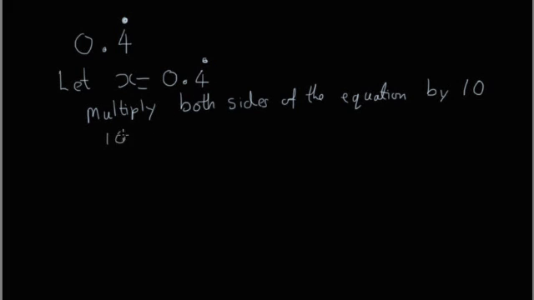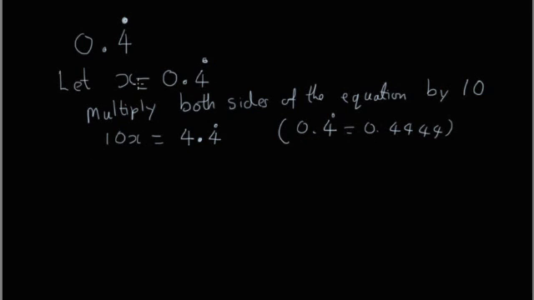So we'll have 10x, and 0.4 recurring times 10 gives us 4.4 recurring. Remember 0.4 recurring is 0.4444. So when we multiply it by 10, there's always going to be another 4 to take its place.